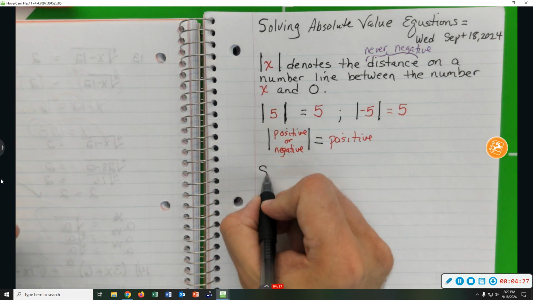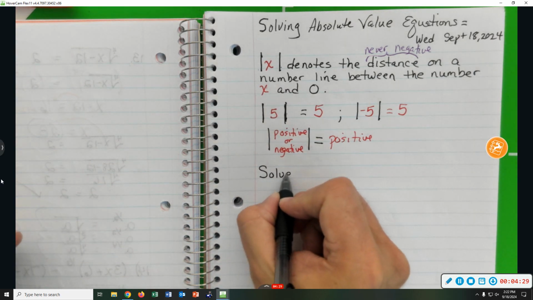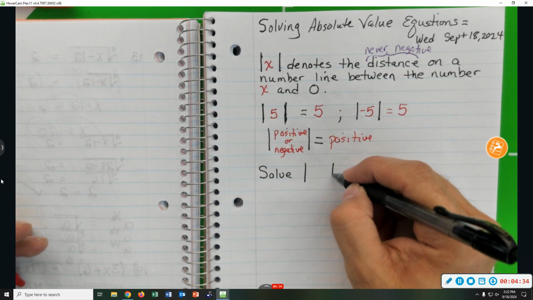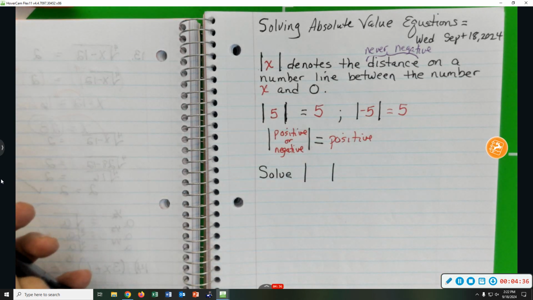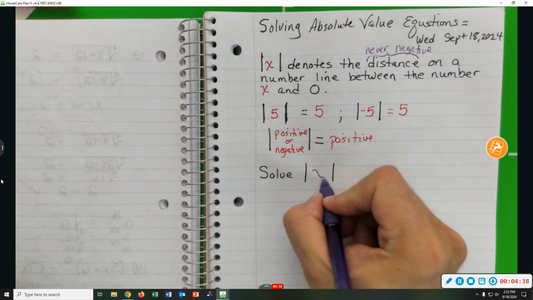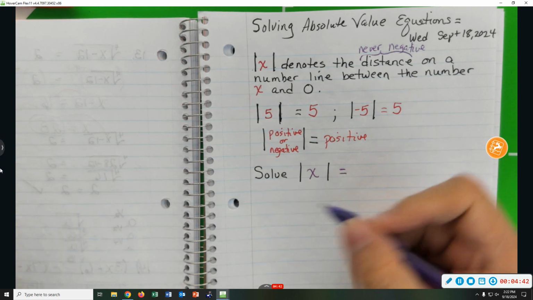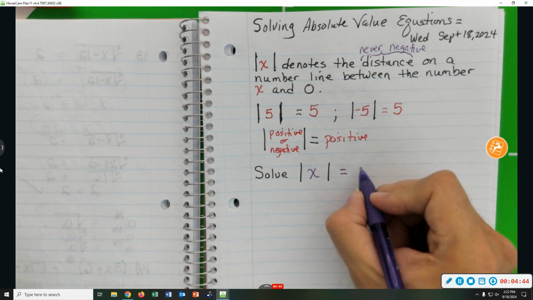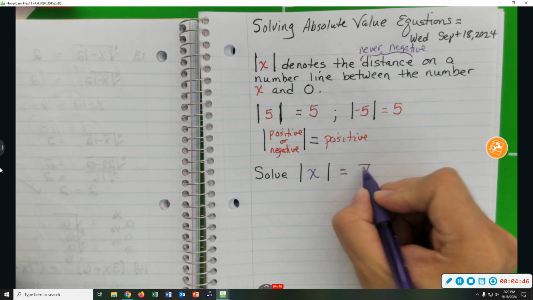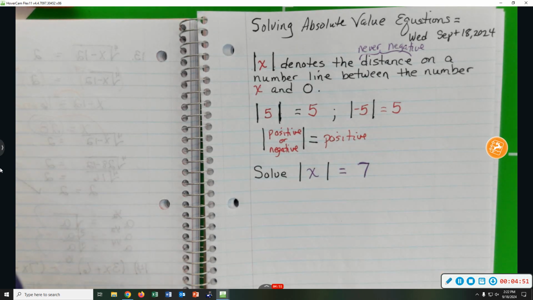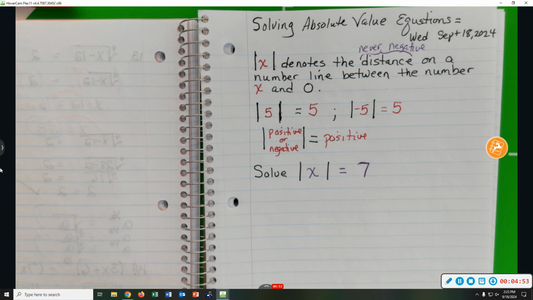With that in mind, let's try to solve one of these absolute value equations. Suppose we had absolute value of x equals 7. We're going to do this just by thinking our way through.